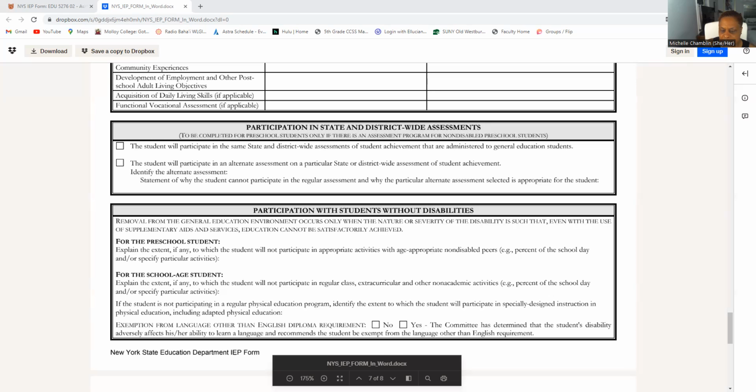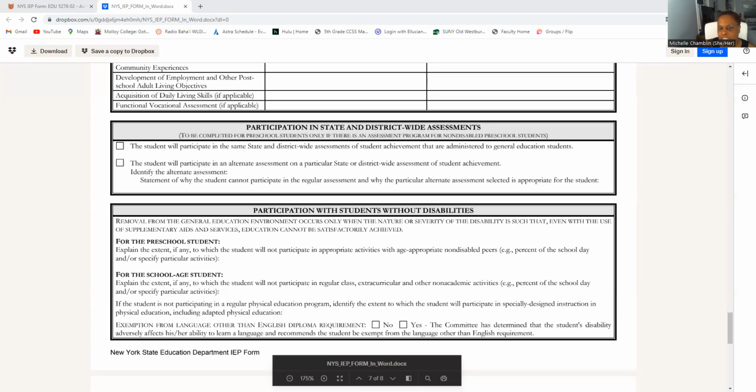And she is not a 12-month student, and she will participate in district assessments. As far as participating with students without disabilities, she was exempt from that because there is nothing outstanding. Her being in the smaller class is not what they're asking here.